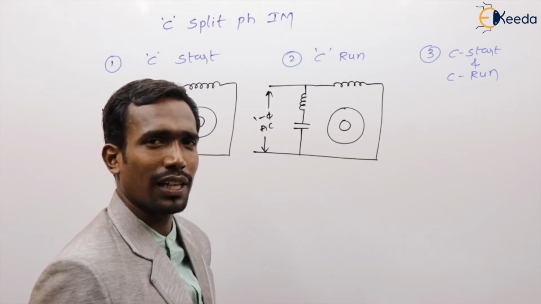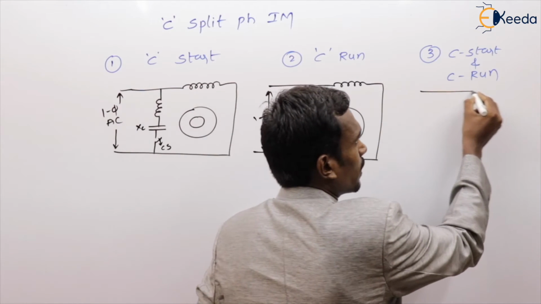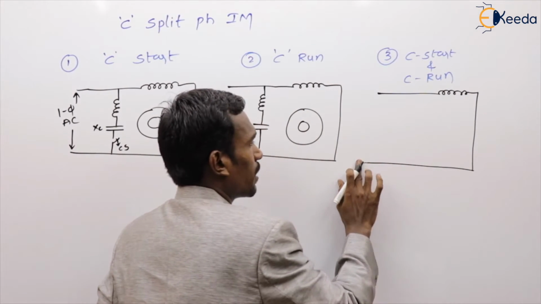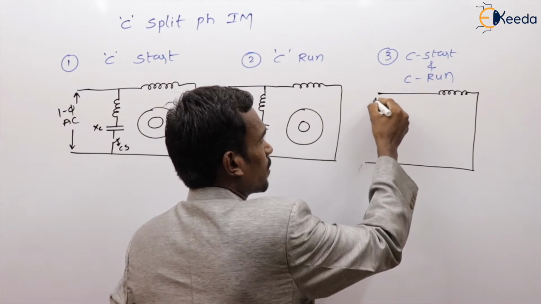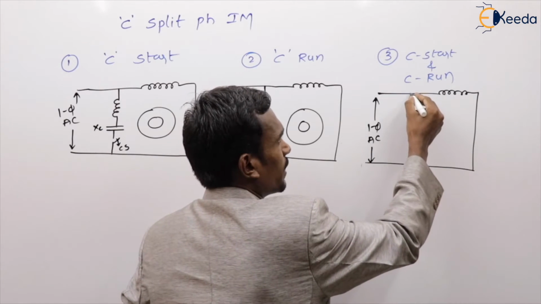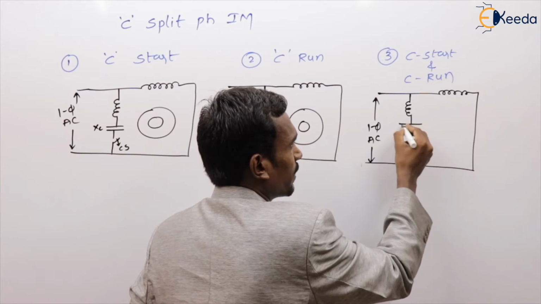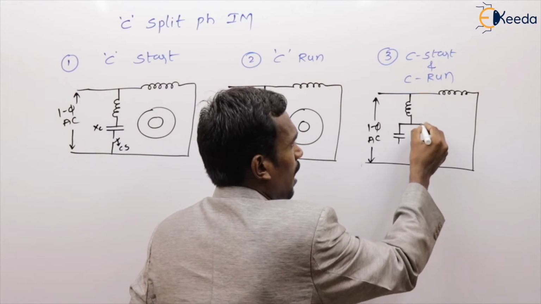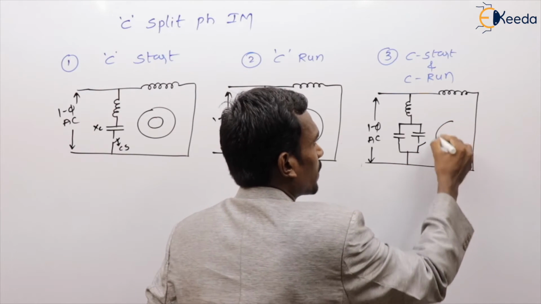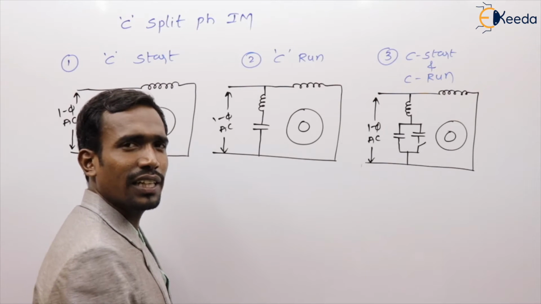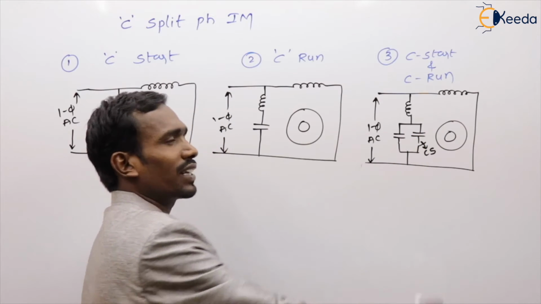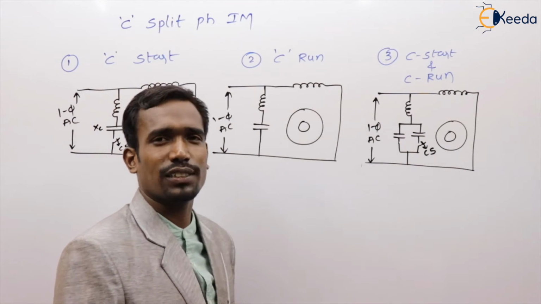Capacitor start and capacitor run. How will it be? Single phase AC, and here my auxiliary winding. And here I have two capacitors. One for starting, which has the centrifugal switch, and another for running, which has no centrifugal switch.